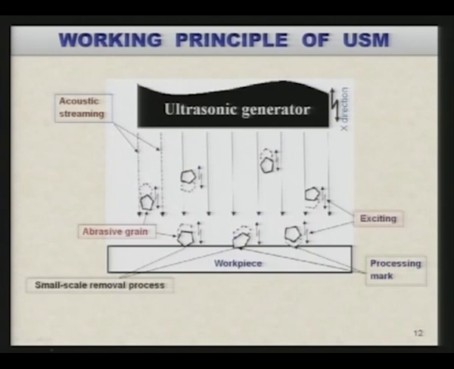Now as you can see here, this is the tool which is vibrating at ultrasonic frequency, and here you have the slurry in the gap between the workpiece and the bottom of the tool, and these are the abrasive particles which are being hit by the tool, and once they are hit by the tool with certain kinetic energy, they come and hit the workpiece surface.